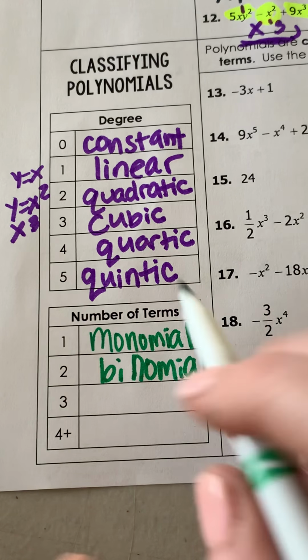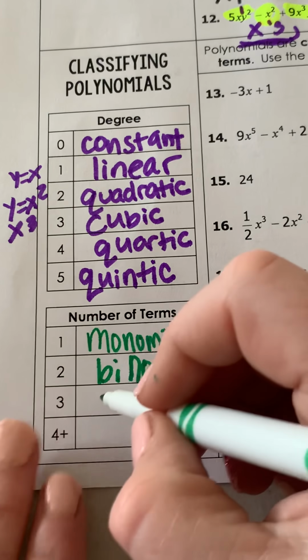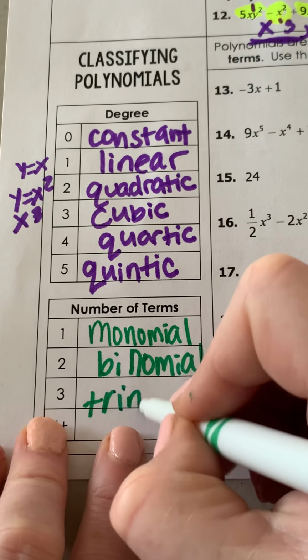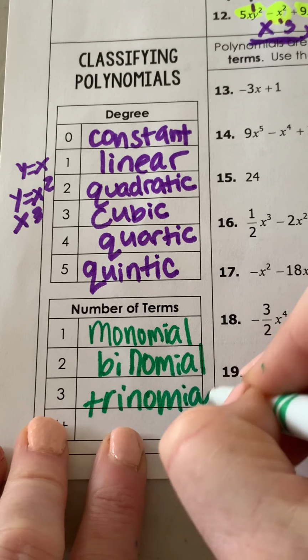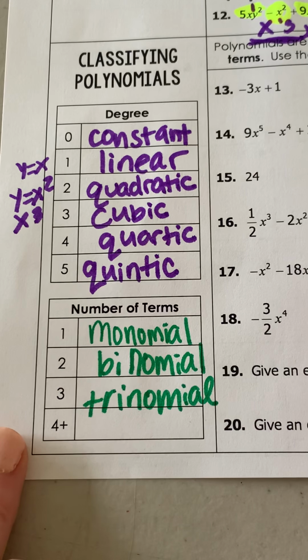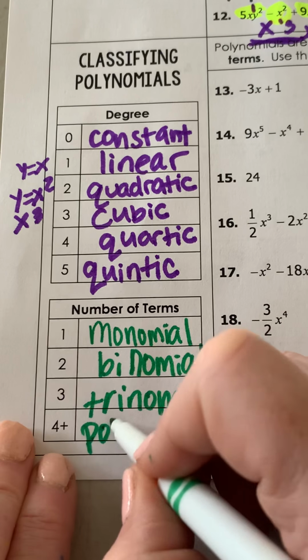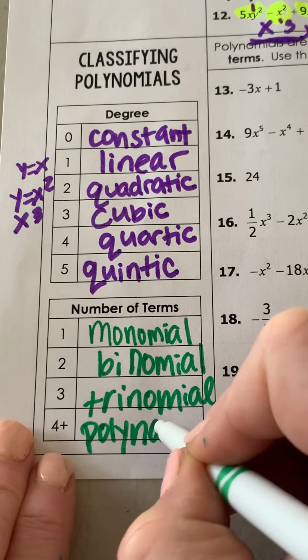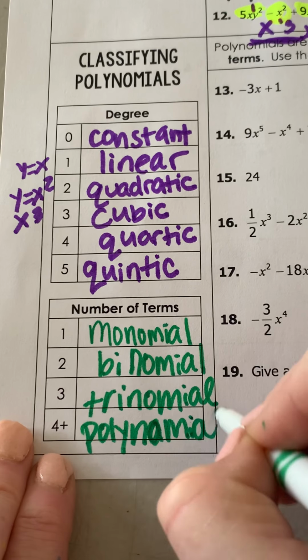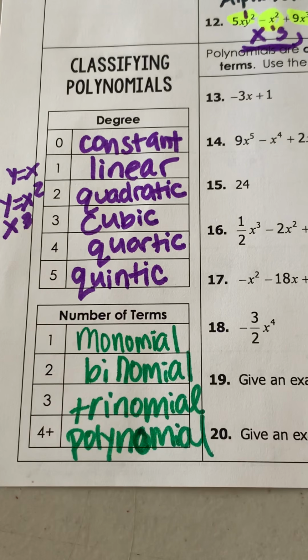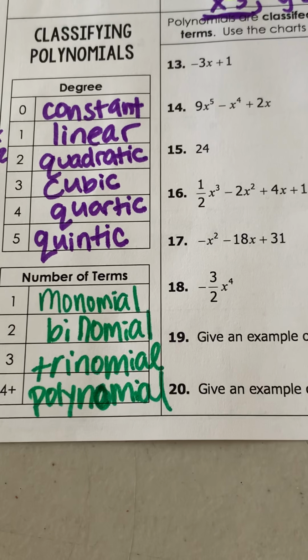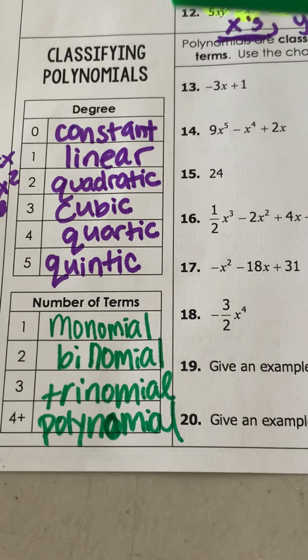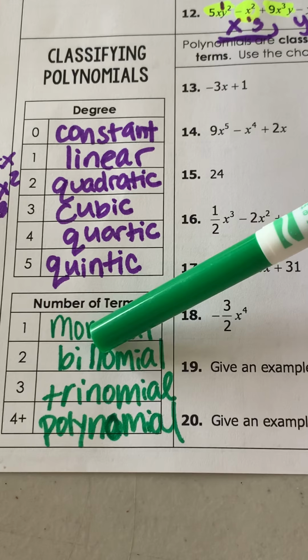Okay, trinomial, tricycle, those have 3 tires. And for 4 plus, we don't have specific names for them. They are just a polynomial. So when we classify, we've got to classify with degree and number of terms.